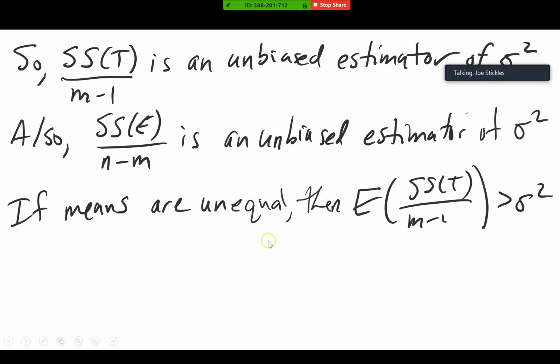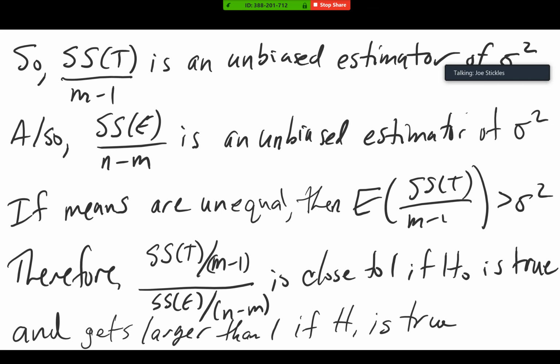This is what I mentioned on the last slide. The expected value of this goes up if the means are unequal. So this is how we're going to create our hypothesis test, our test statistic, if you will. If I take the ratio of these two things, if the means are equal, then I should be getting this unbiased estimate of sigma squared.